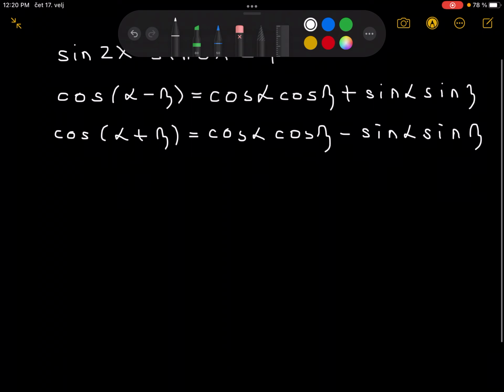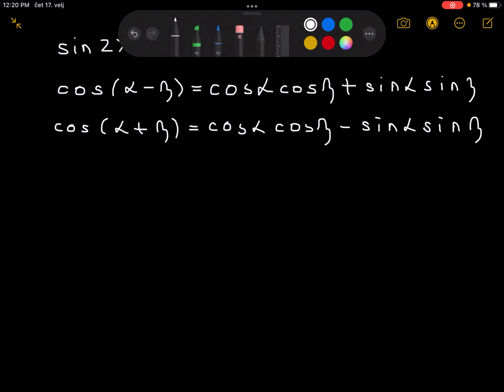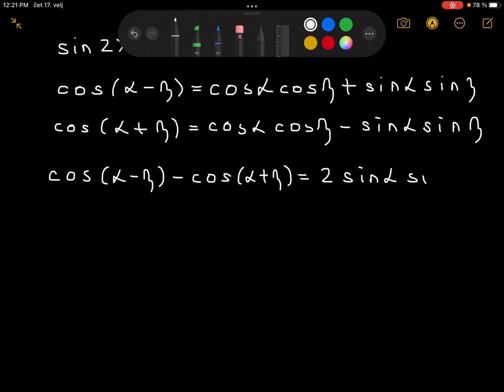Okay, now when we subtract the second equation from the first one, we'll get that cosine of alpha minus beta minus the cosine of alpha plus beta is equal to 2 times sine alpha times sine beta.